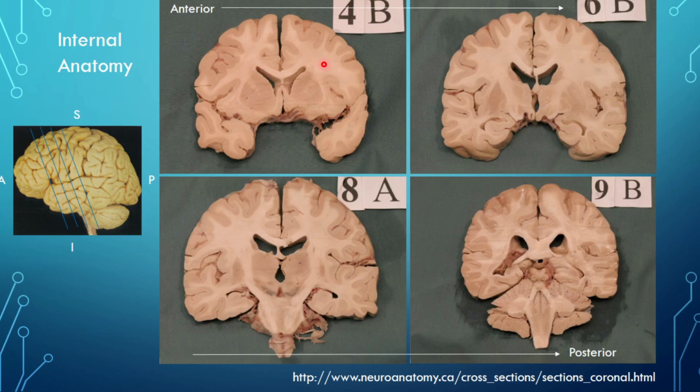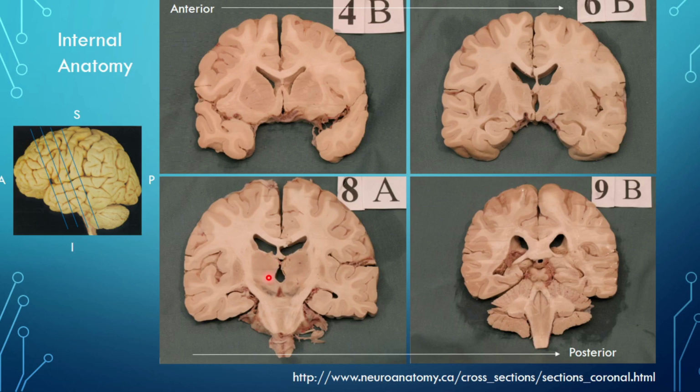But what you'll also see within the internal structure of the brain are some holes, which might seem strange, but they are supposed to be there. So they are our ventricles, and we'll talk about those in a little bit more detail shortly. And you'll also see some other big lumps of grey matter deep within the cerebral hemispheres themselves.